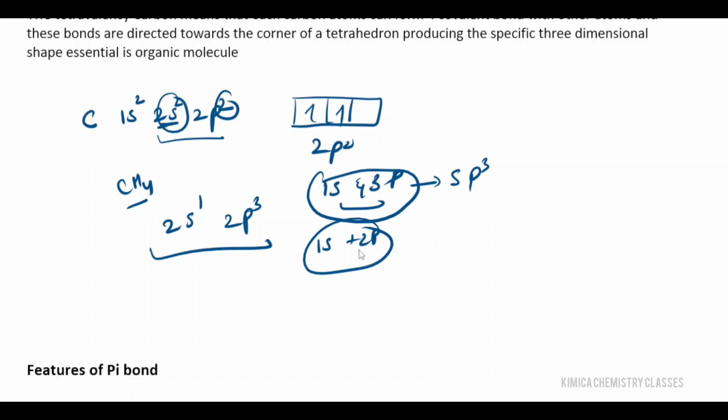If carbon mixes 1s and 1p orbital, you get sp hybridized orbital, and this is linear and the bond angle is 180 degrees. C2H2 is one example, right?